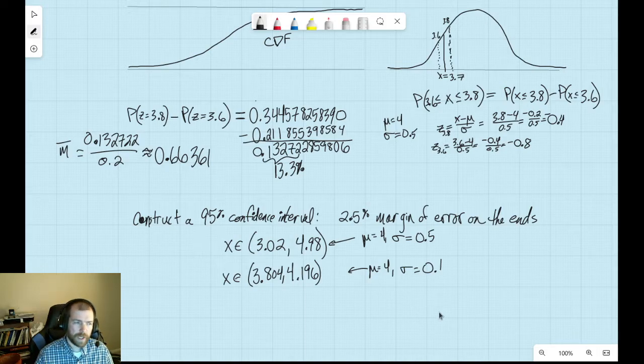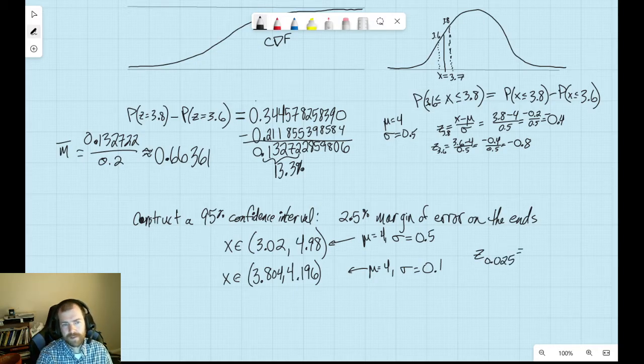All right, now how do we calculate it? So if we wanted this to be actually the value to get this, right? We'd want to say with a 2.5% margin of error, we'd want what is z at 0.025.